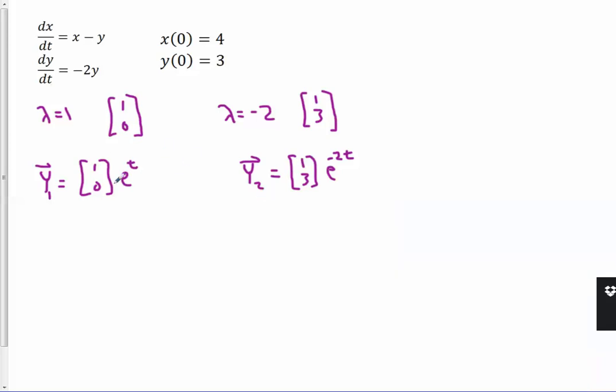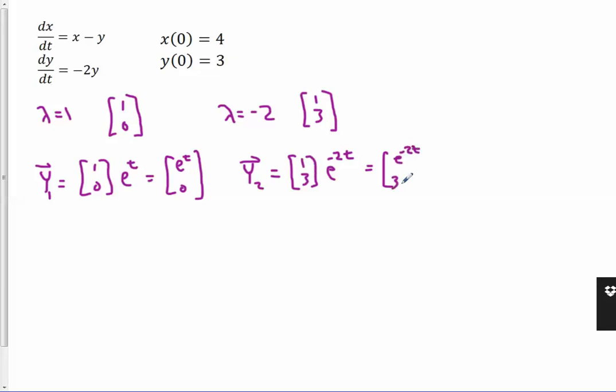In fact, these are the two solutions that I proposed back when we first saw this example. I think I did 1/3 and 1 for this vector, but that's the same, that's a multiple. Except for that change, these are the same solutions, and at the time I didn't tell you where they came from, but now you know. I wrote them as e to the t times 1, 0, and like I said, I had 1/3 and 1 here, but let me just go with 1 and 3.